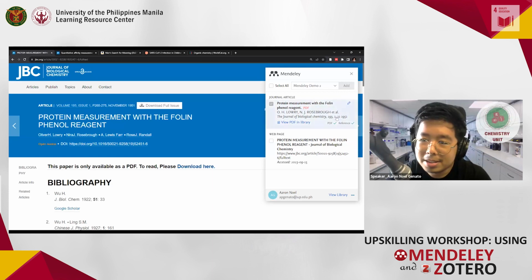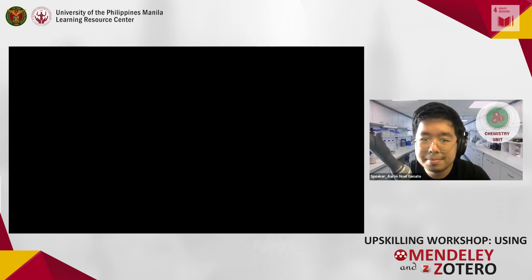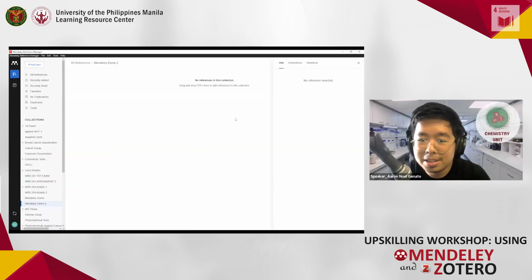Then I will press add. Once it's added, it will say here, PDF check and reference check. Then if I go back to my Mendeley reference manager, as you can see, it's not appearing yet in our Mendeley Demo 2 folder. So what do we do?